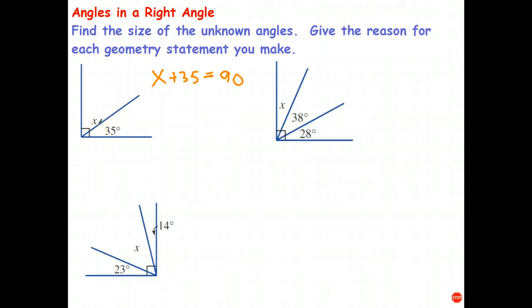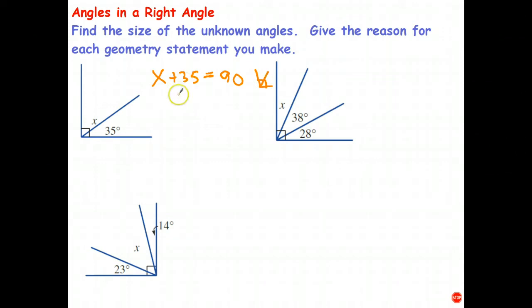I don't want to have to write that out in English, so we use what are called coded reasons, which are just little diagrams that basically indicate what the reason is. There's the diagram. When you see that, you can read it as angles in a right angle add to 90 degrees.